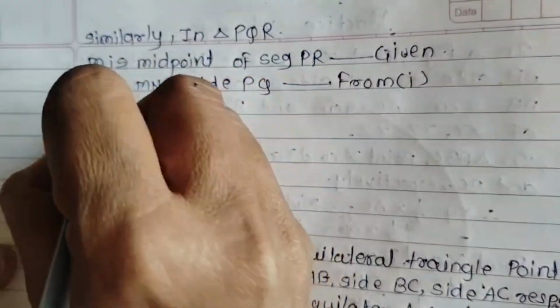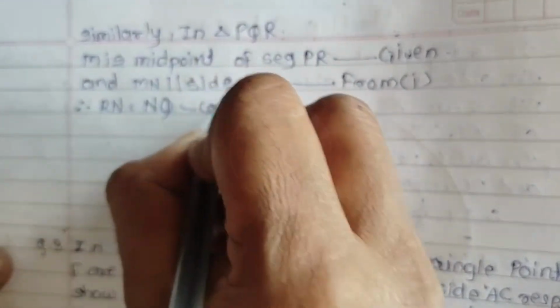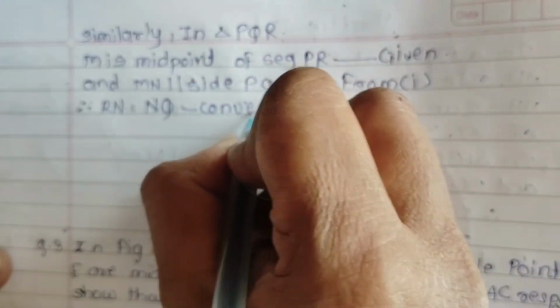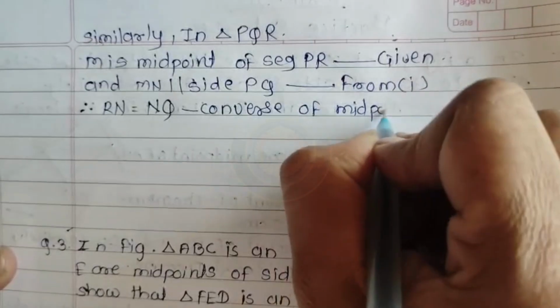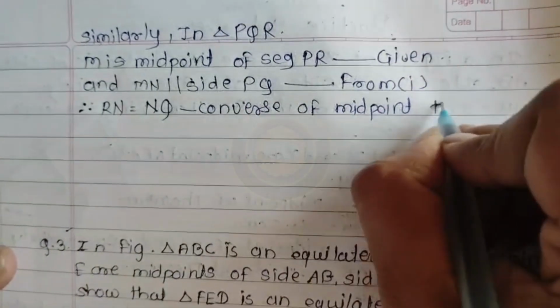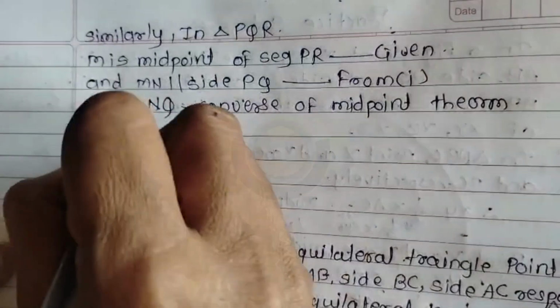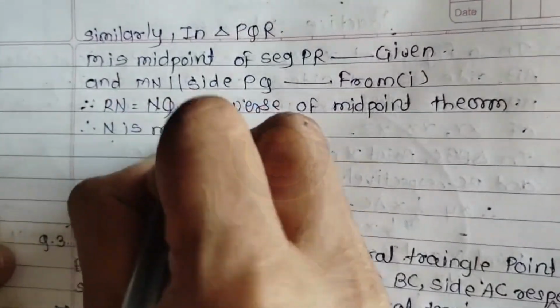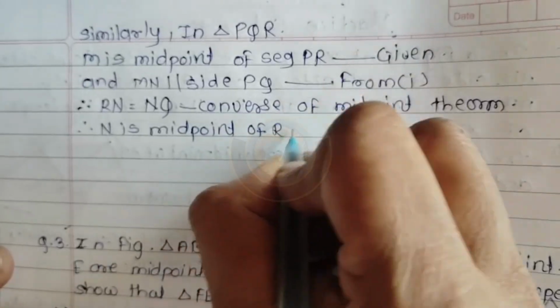Therefore RN is equal to NQ, converse of midpoint theorem. Therefore N is midpoint of RQ.